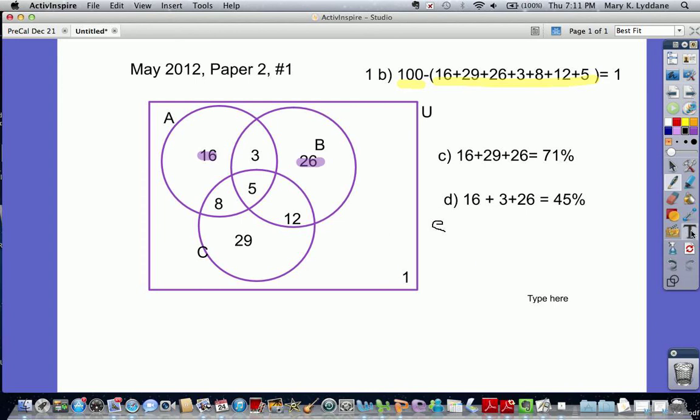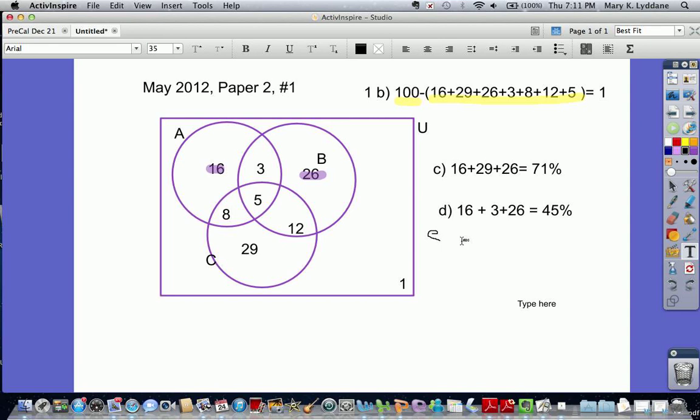So I could just add them all up, or I could take 100% and subtract the 16% that only reads paper A, and subtract 16 plus 1, and that's going to give me 83. And that's enough work to show that you've justified the 83%, but you have to show something. You have to show some kind of work.